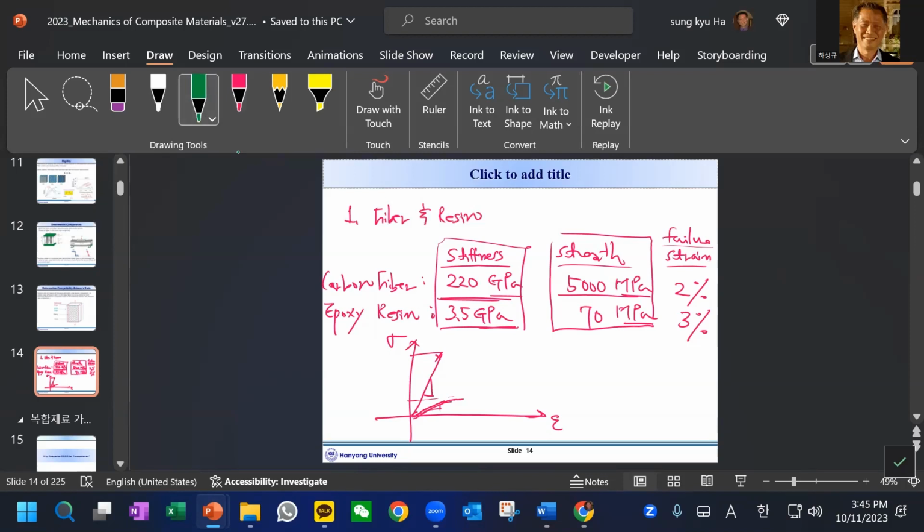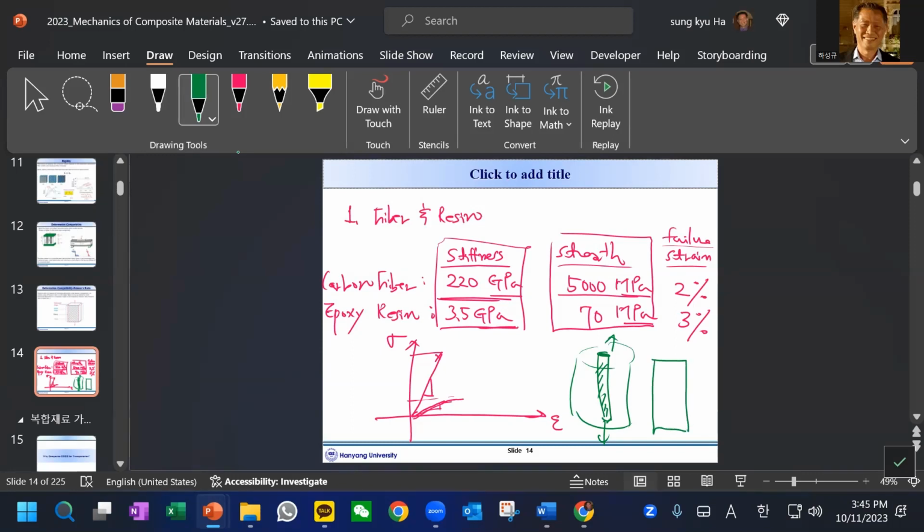So the fiber and resin system have very different material properties, but one of the most important points here is that the fiber is surrounded by the resin system, meaning that, usually under fiber direction loading, they will deform together.